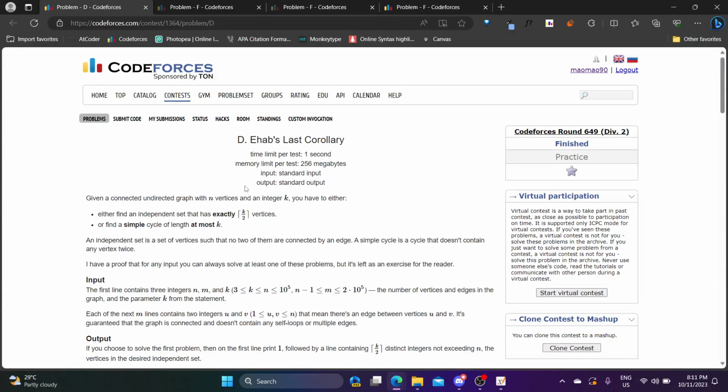In the first question, what you need to do is, given a graph, find either an independent set of exactly k over 2 vertices or a simple cycle of length at most k.